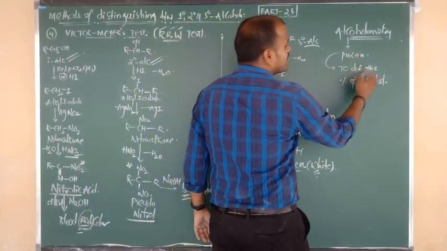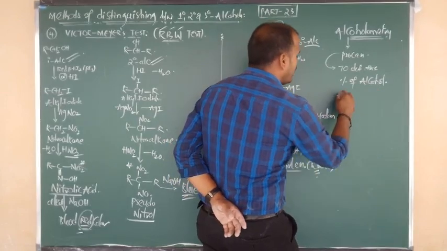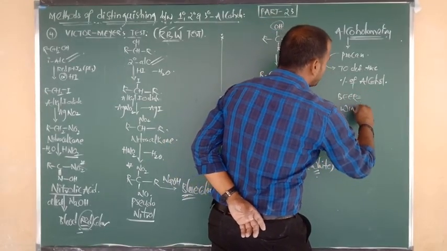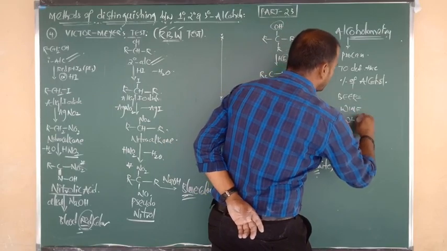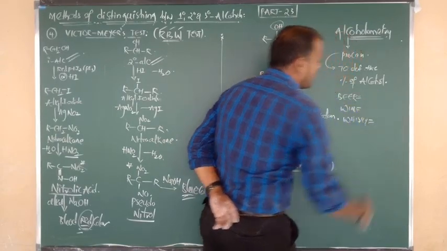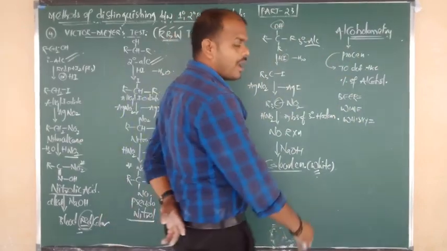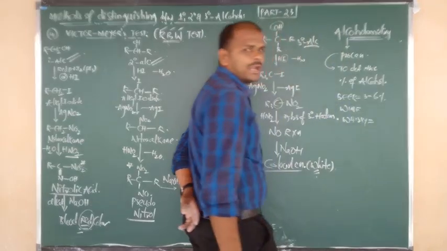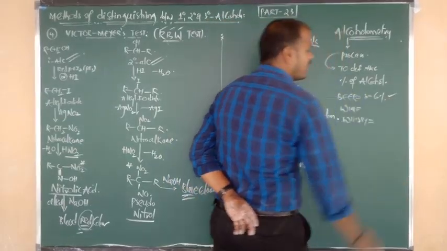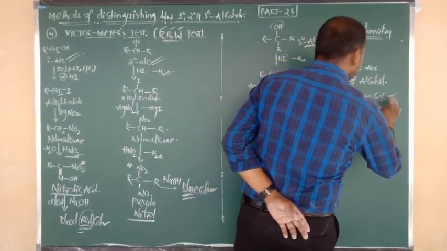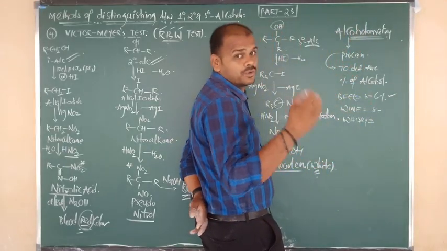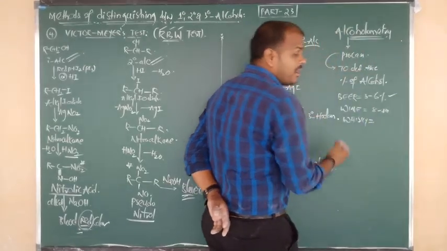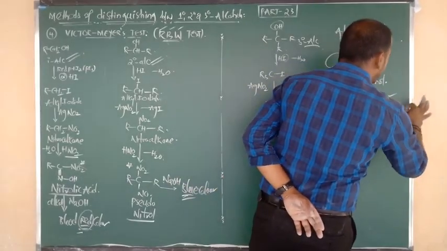So the process to determine the percentage of alcohol in the given samples: one is beer, one more is wine, and one more I want to consider is whiskey. Remember these 2-3 examples, important from an objective point of view. In beer, as I already told you, around 3 to 6 or 4 to 6% of alcohol will be there, and in wine, as I told you in the previous class, 10 to 25%, that is the range.